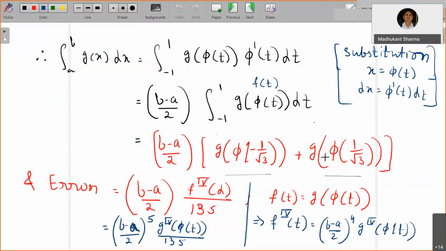Now we have got the Gaussian quadrature rule for the general integral a to b of g of x dx, given by this formula.